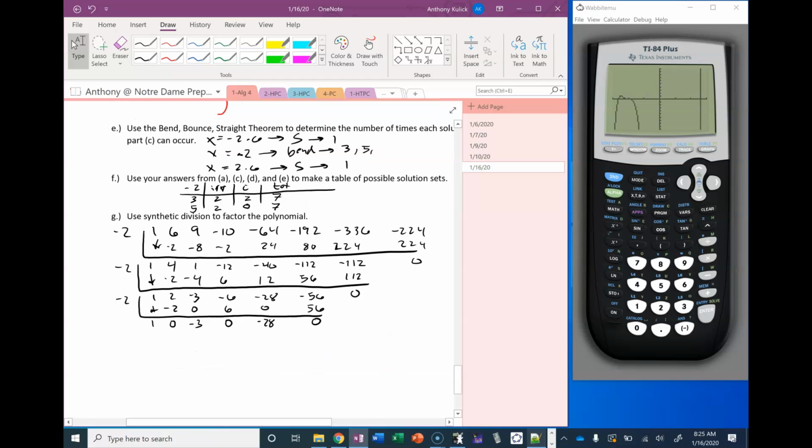Okay. So again, I got remainder 0 each of those 3 times I tried to do this, so things are going well. Now, what I notice here is that I have a degree 5 polynomial left over, right? But look at where the zeros are. I'm sorry, degree 4 polynomial. Look at where the zeros are.